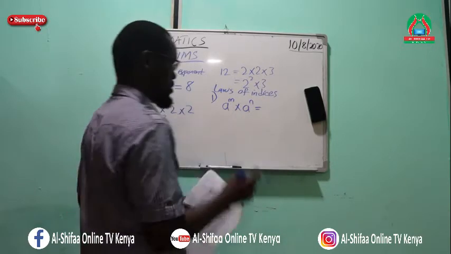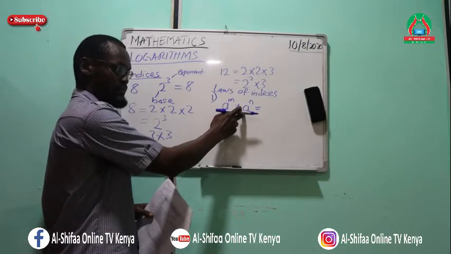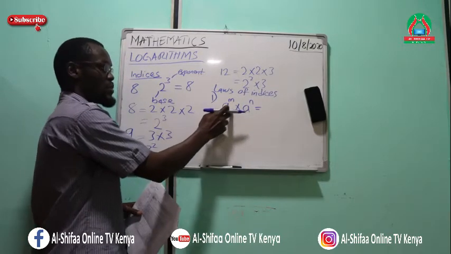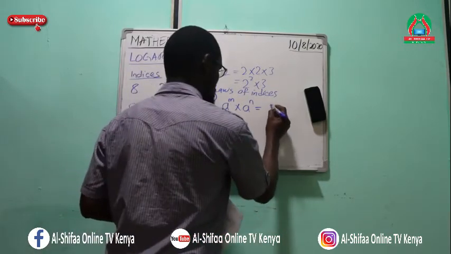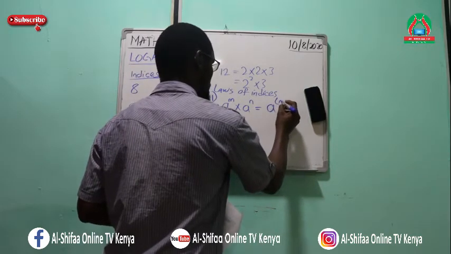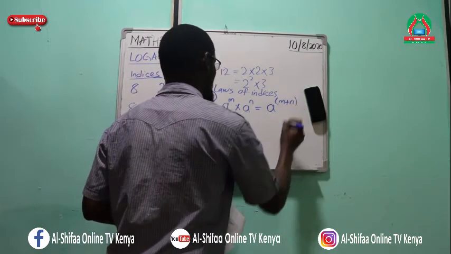When the bases are the same and they are multiplying, you add the powers, so it's equivalent to a power m plus n.